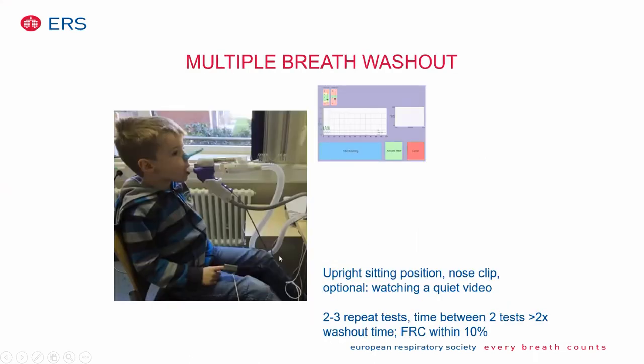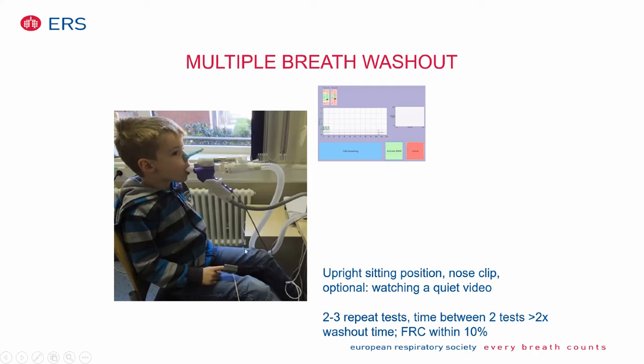In practice, you have a child sitting upright at the system you are using, wearing a nose clip, starting tidal breathing. Sometimes it can be useful to have a quiet video to distract the child from this sometimes boring procedure.